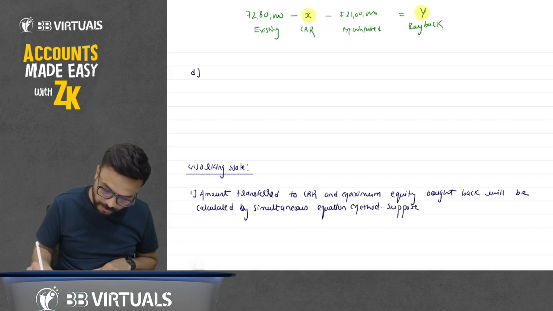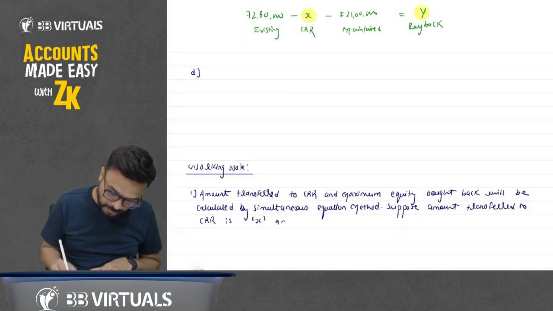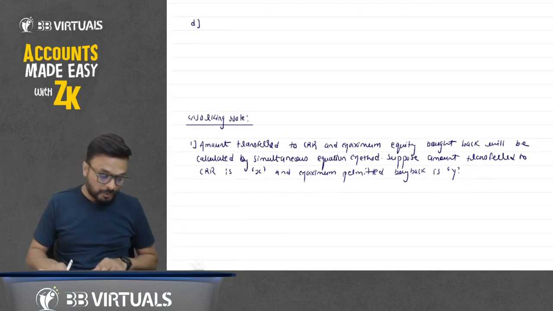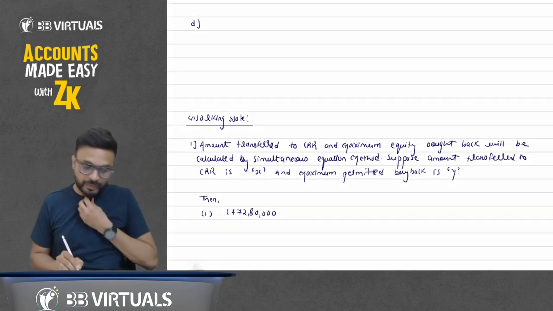Suppose the amount transferred to CRR is X and the maximum permitted buyback is Y. So write down here the first equation: we have 72 lakh 80,000 as existing paid up capital and free reserve.